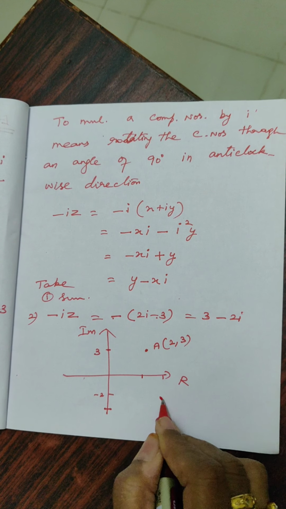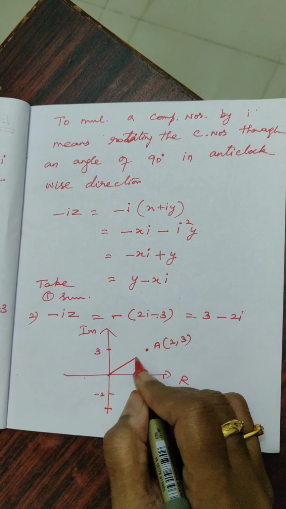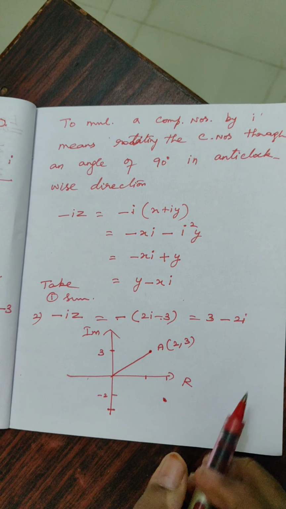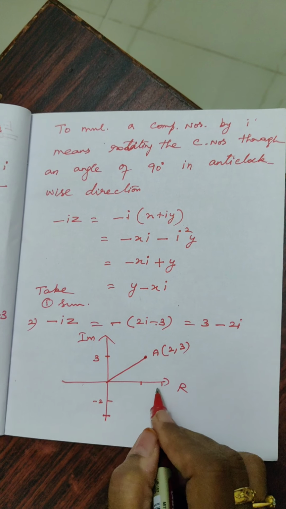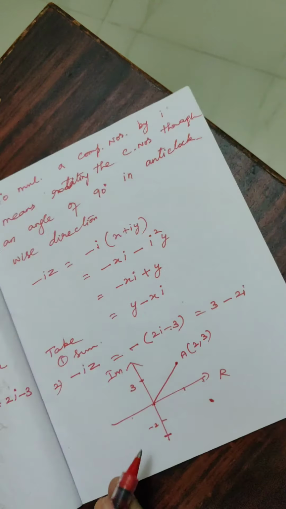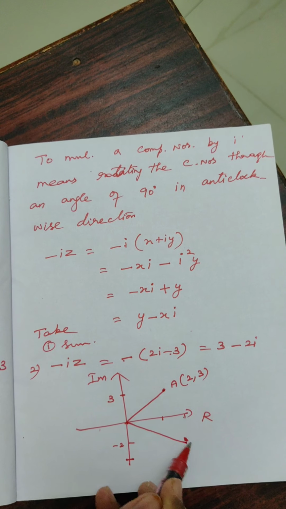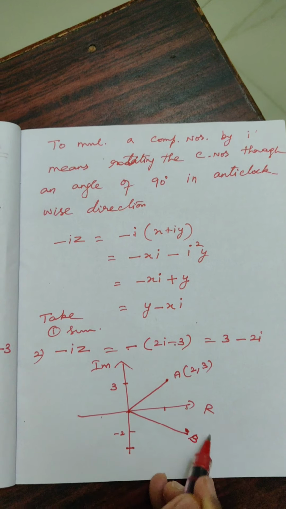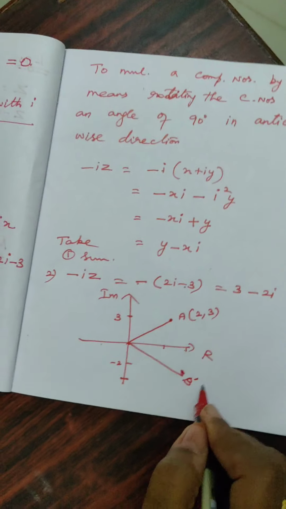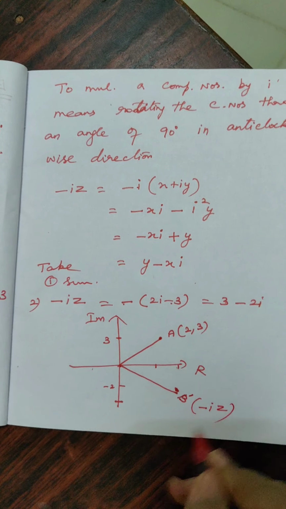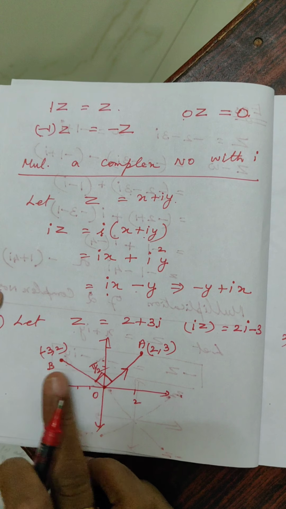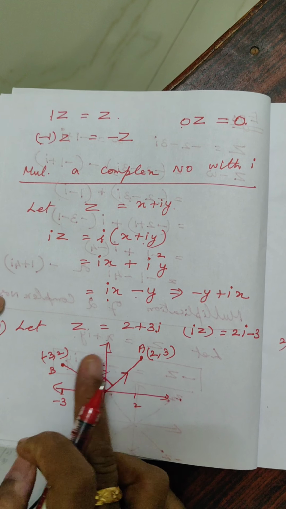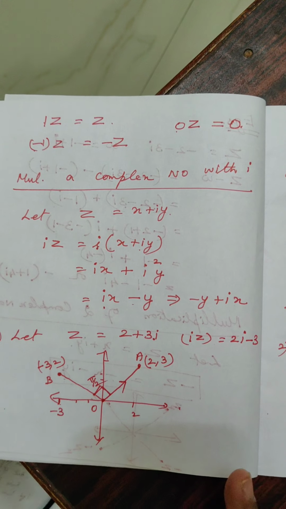So see this number. This is our first complex number z, and 3, minus 2. 3 is here, minus 2 is here. This is the another complex number, that is B dash, which is our minus iz. See this diagram and this diagram. So it is rotated through an angle of 90 degrees in anti-clockwise direction.